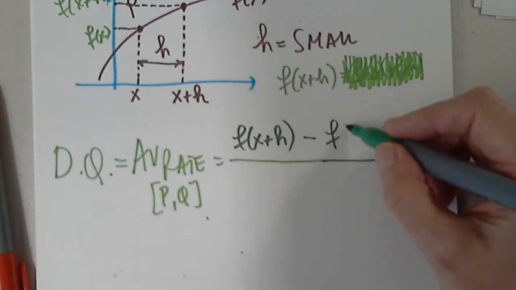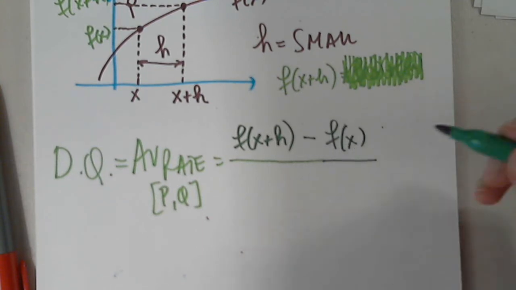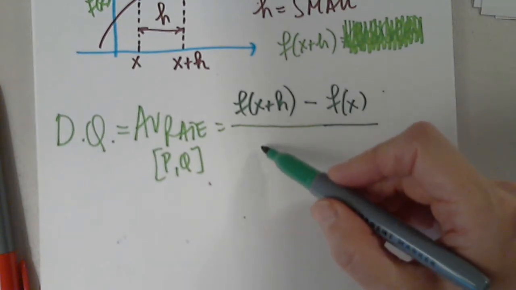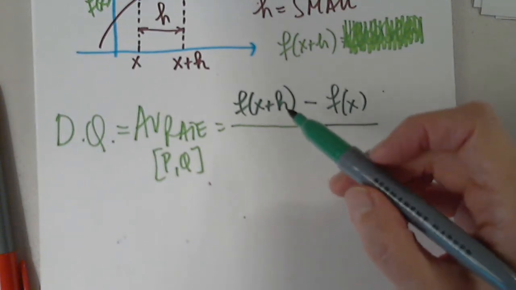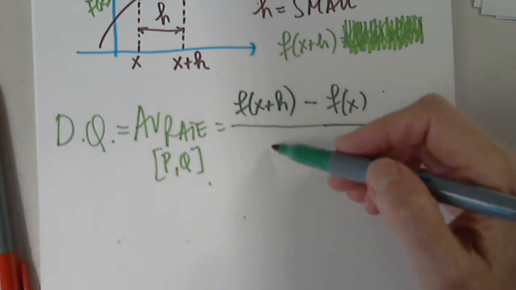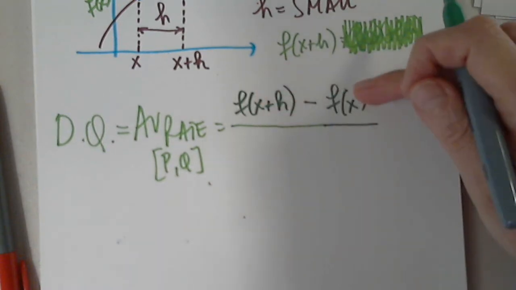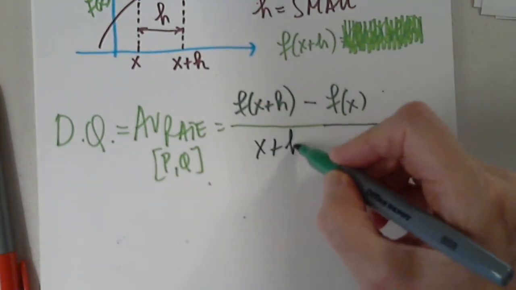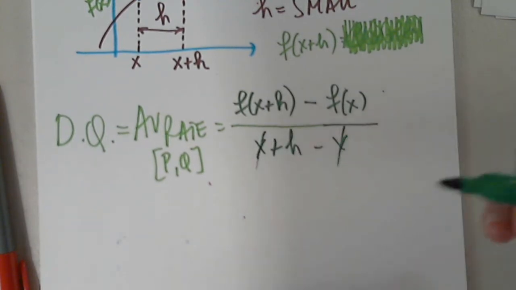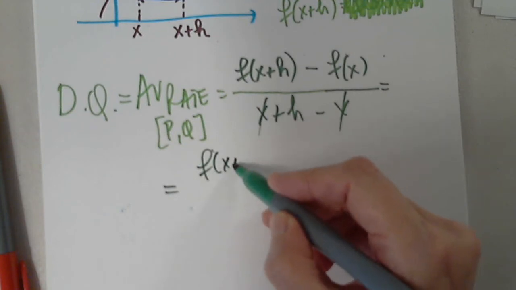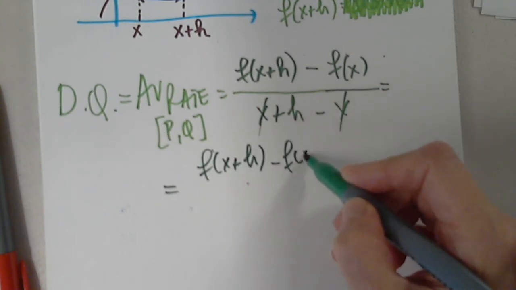F of x second. F of x. Very good. Over. It has to be the corresponding. So this is f of x2 minus f of x1 over x2 minus x1. It has to be in the same order, minus x. It happens that these two go away. So the difference quotient moving forward for any function is this.